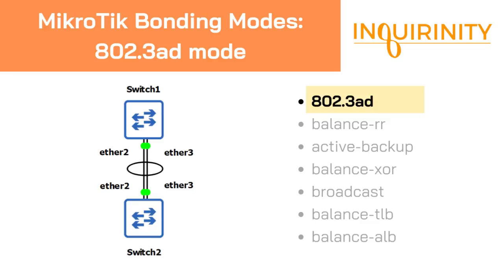So we have several bonding modes available in MikroTik. You have the 802.3AD, Balance RR, Active Backup, Balance XOR, Broadcast, Balance TLB or Transmit Load Balancing, and Balance ALB or Adaptive Load Balancing. We will try to cover the other bonding modes in our future video.